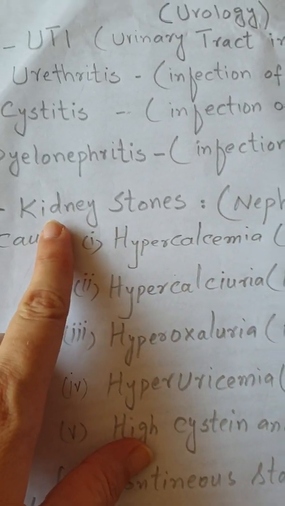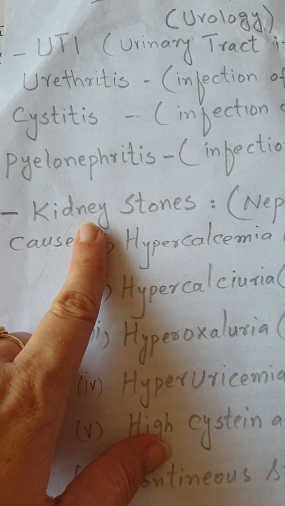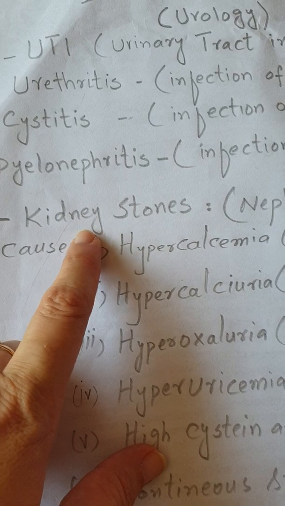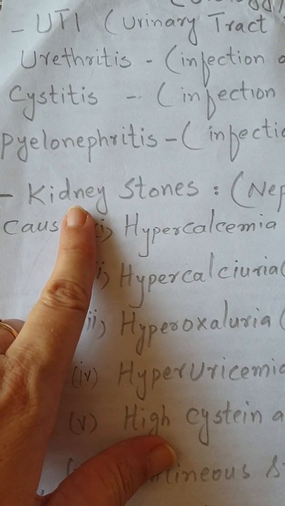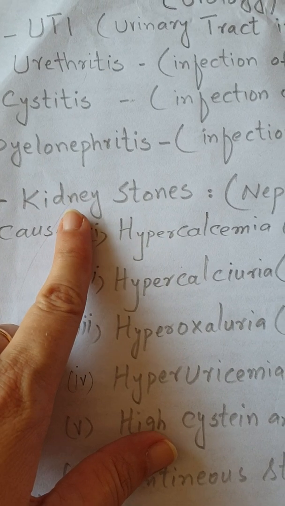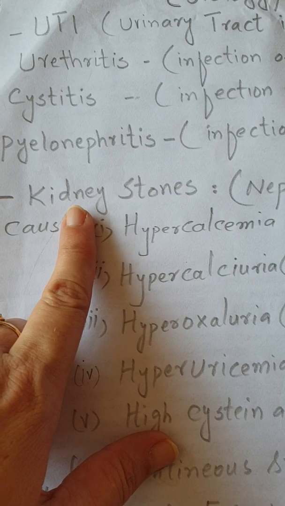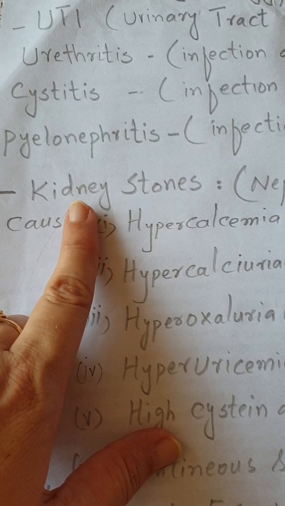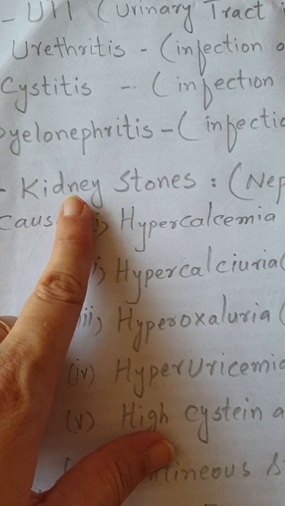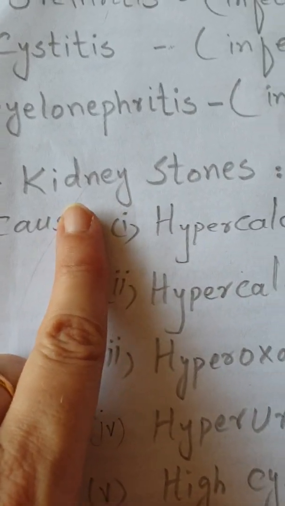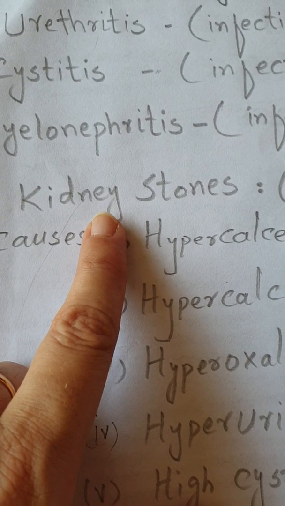Kidney stone is actually the deposits of the mineral inside the kidneys. The different minerals combine and take the shape of small pebbles, and sometimes those pebbles become larger, as mentioned in your book also, that the stones may be as small as grains of sand, and it may be as large as small golf balls.